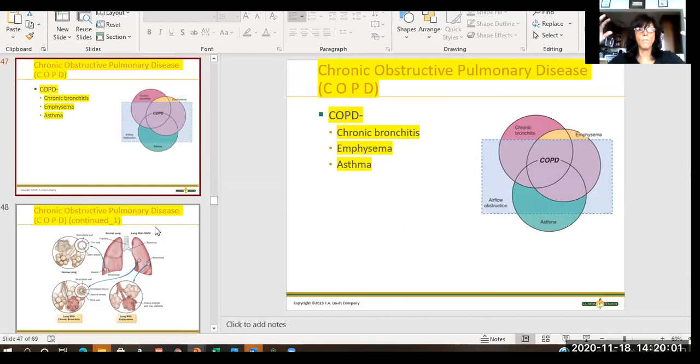It's an umbrella term that encompasses 3 diseases: chronic bronchitis, emphysema, and chronic asthma, okay? All of those 3 are chronic obstructive pulmonary diseases, okay? So COPD is the umbrella term that includes the asthma, the emphysema, and the chronic bronchitis, okay?